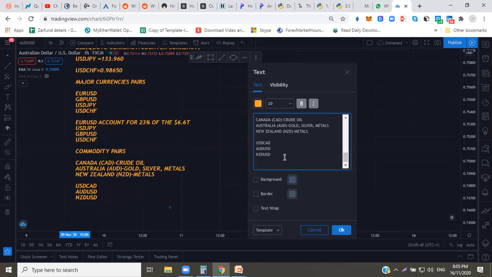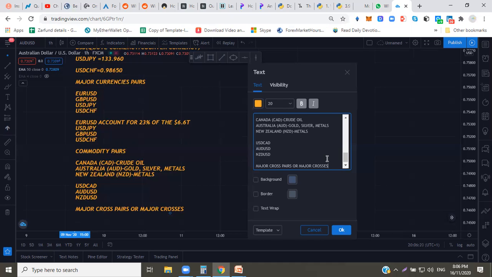So then you have what are called the major crosses, or major cross pairs. They are either called major cross pairs or major crosses.